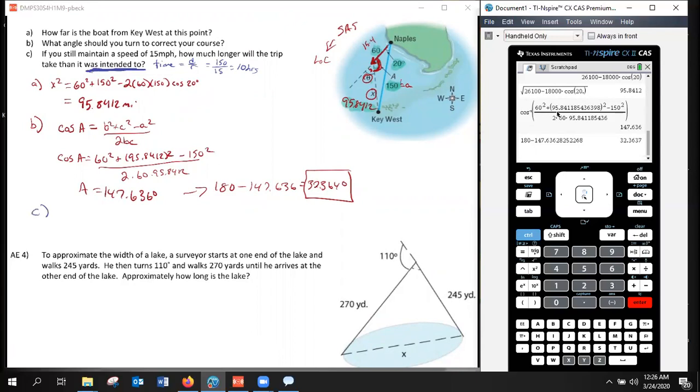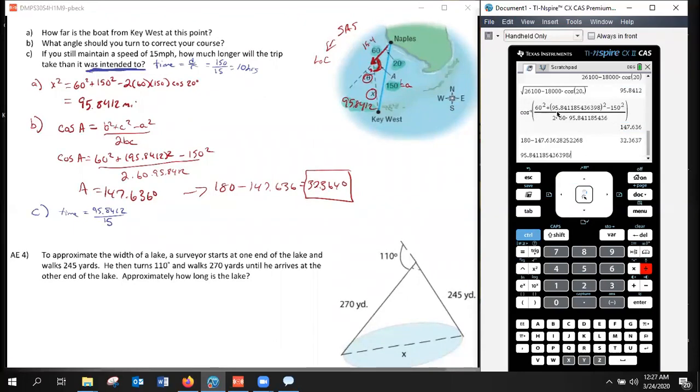But since we were 20 degrees off course, now we're going to have to ask, what is the time in order to go from our current location to Key West? So it's going to be that distance of 95.8412 divided by that speed, or that rate, of 15 miles per hour. Let me do this in the calculator.